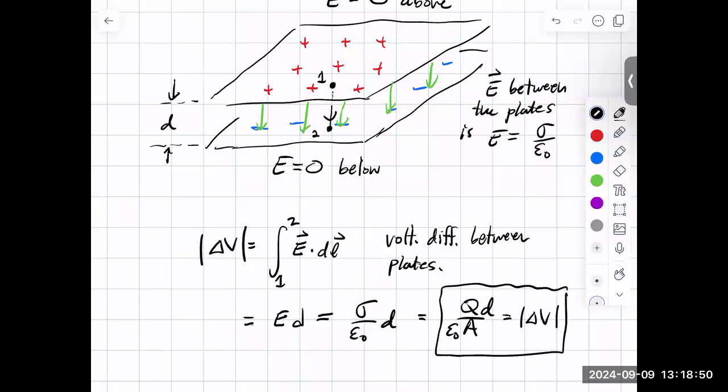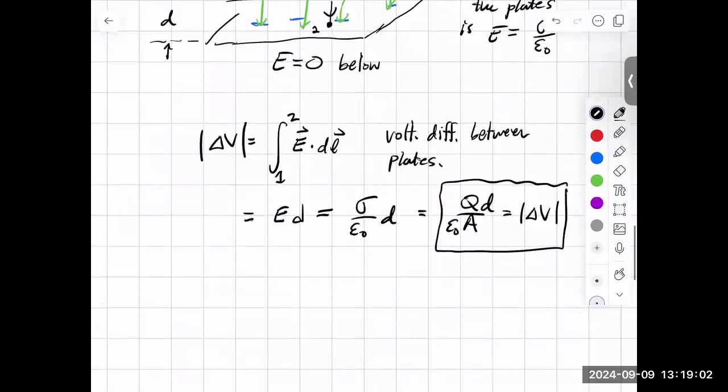Here you can see that if we increase the voltage difference, we also have to increase the charge. More voltage means you store more charge. Okay, so then by definition, C is Q over delta V. Q divided by delta V gives epsilon naught A divided by d.